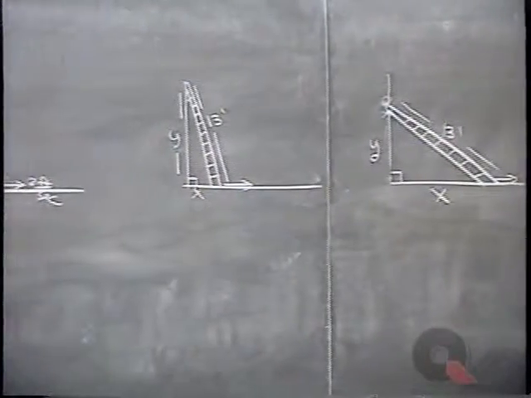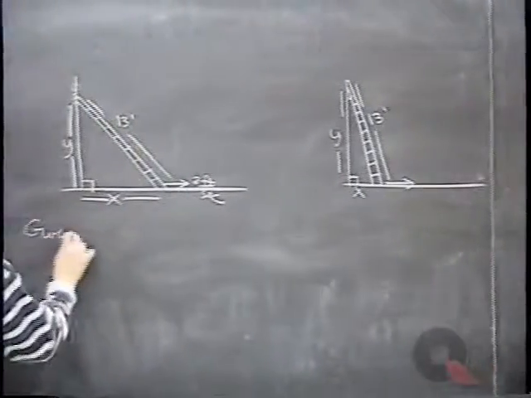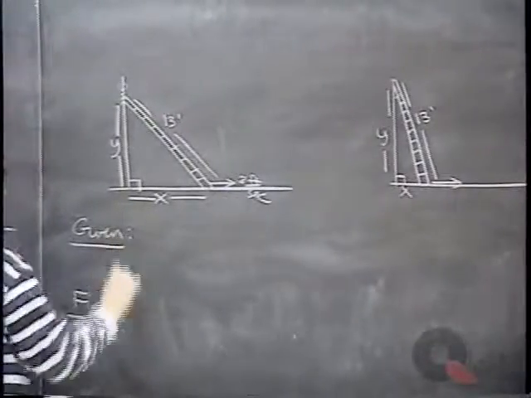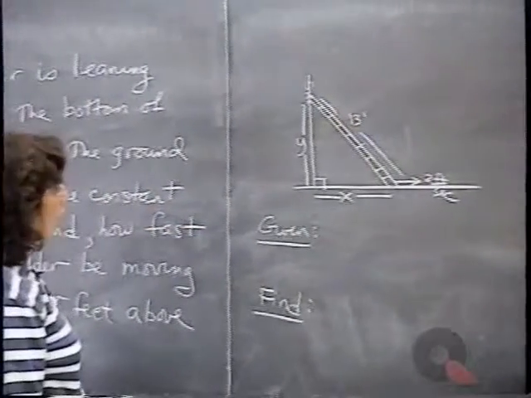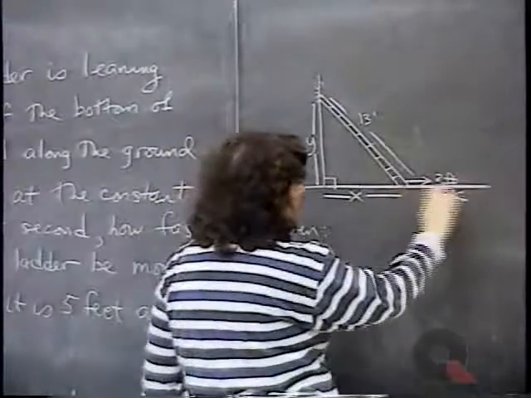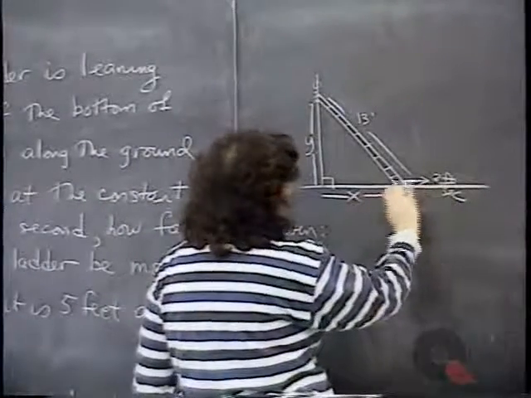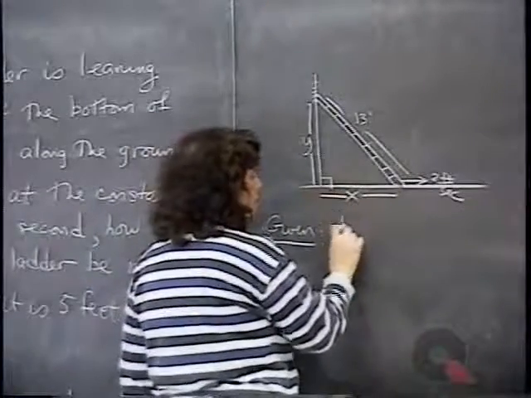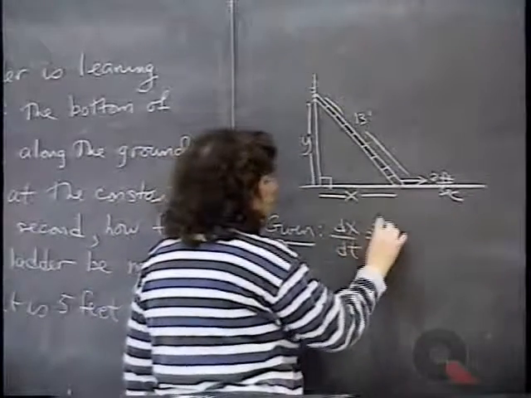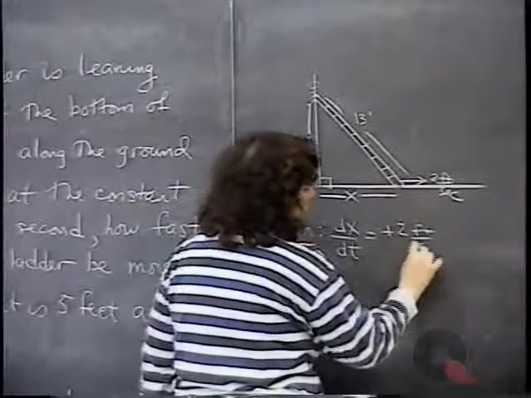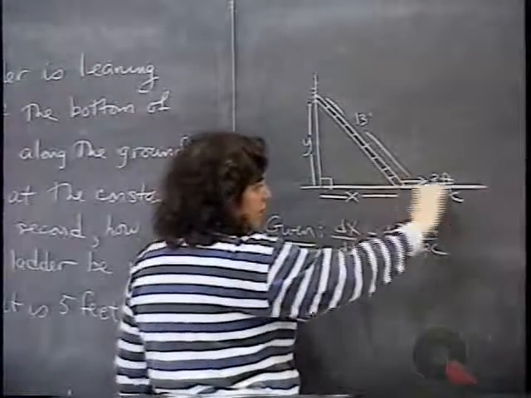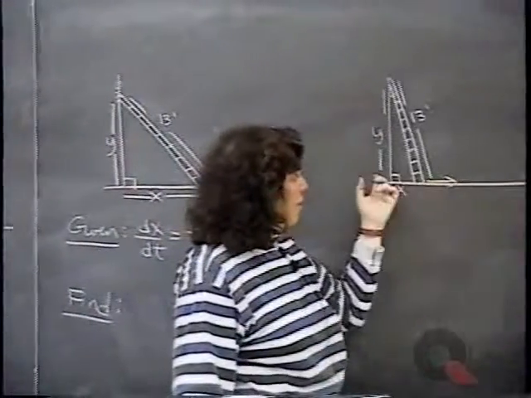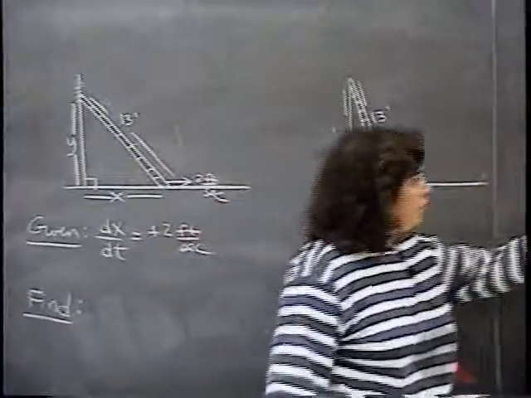Let's go back to our original picture here. Let's see what we're given and what we're hoping to find. We're told that somebody is pulling out the bottom of the ladder at the rate of 2 feet per second. Since x measures this distance, that means dx/dt is plus 2 feet per second. x is increasing at the rate of 2 feet per second. Remember, as we pull on the base of this ladder, x goes from a smaller quantity to a larger quantity.